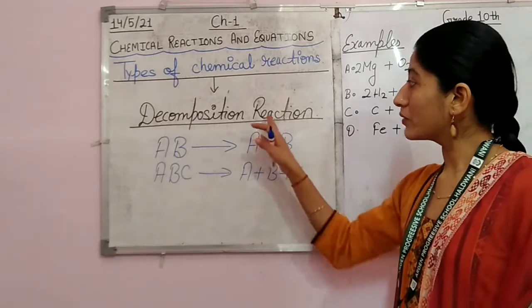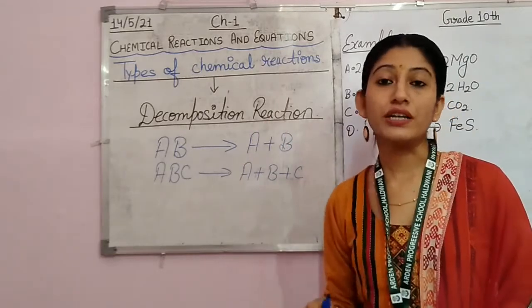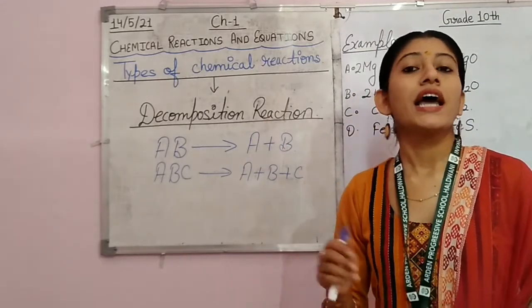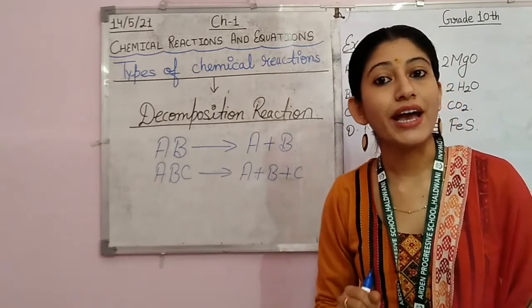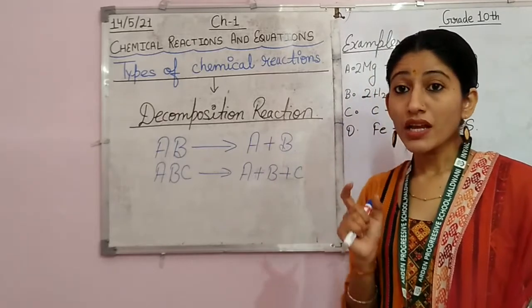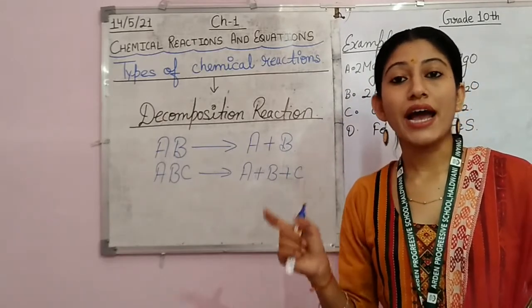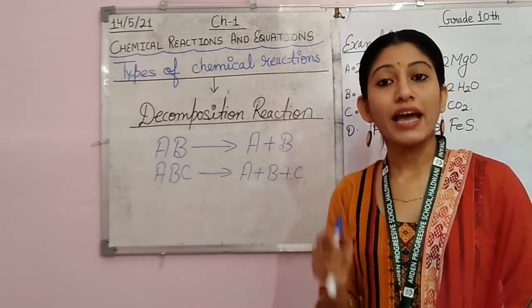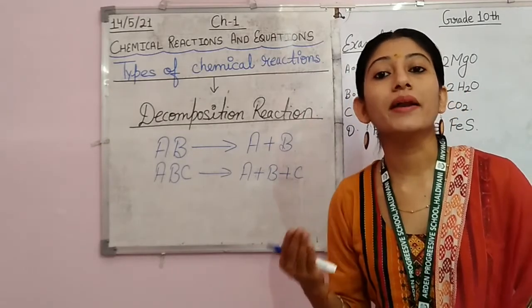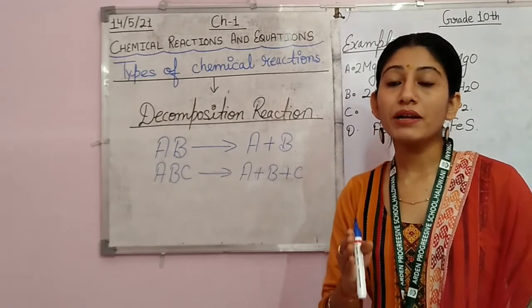So when we talk about decomposition reactions, students, they are of different types, and the types depend upon how the decomposition has taken place. Suppose the decomposition has taken place in the presence of heat, then we say it is a thermal decomposition. Thermal means heat.